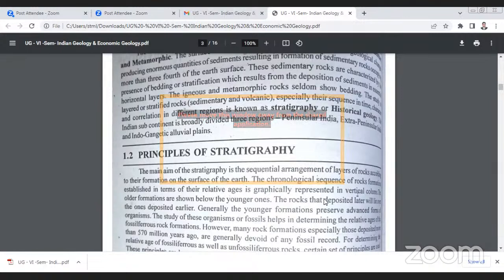The first one that formed, we call the earlier formations. After the earlier formations, other rocks form layer by layer. Those at the top, the top areas, are known as the younger formations.